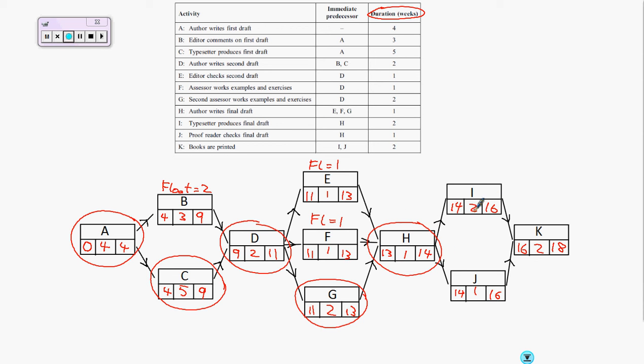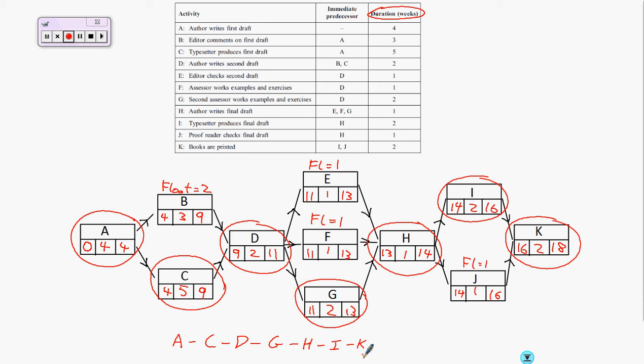I, 16 minus 2 minus 14 is 0, so I is critical. J, 16 minus 1 minus 14 gives me a float of 1, so it's not critical. K, 18 minus 2 minus 16 is 0, so K is critical. So my critical path then is A, C, D, G, H, I, K. So I found my critical path.